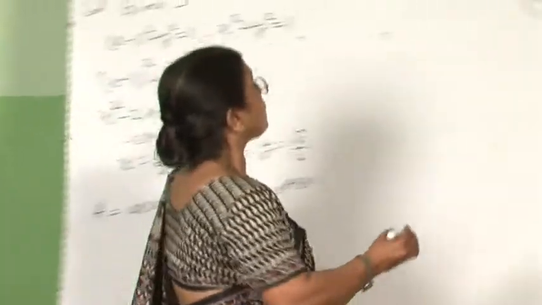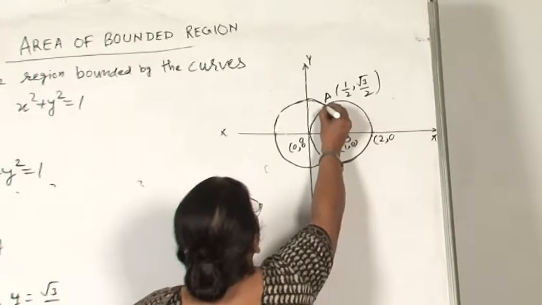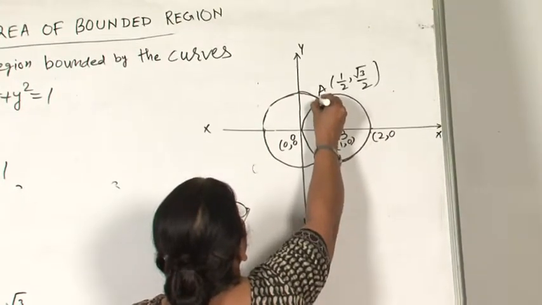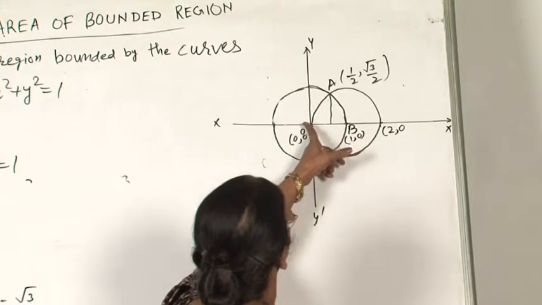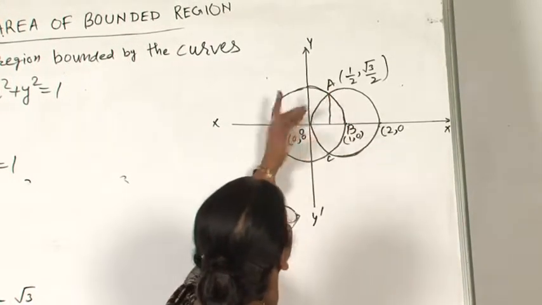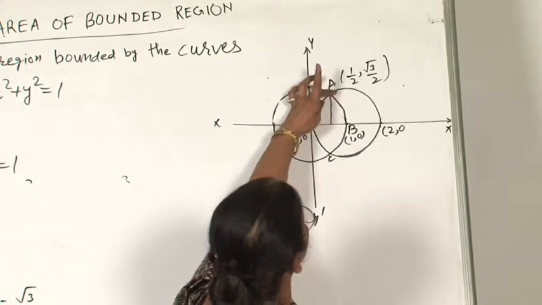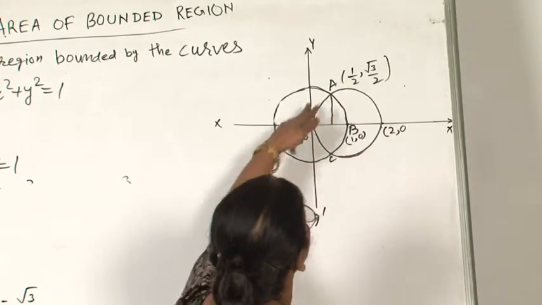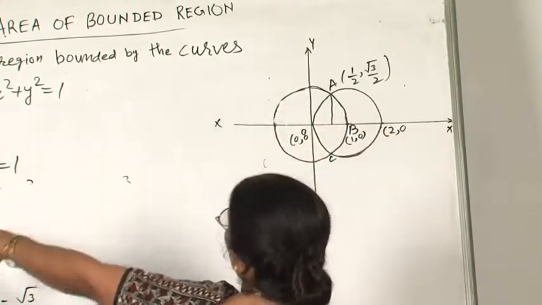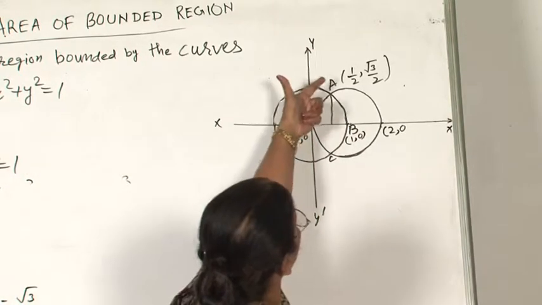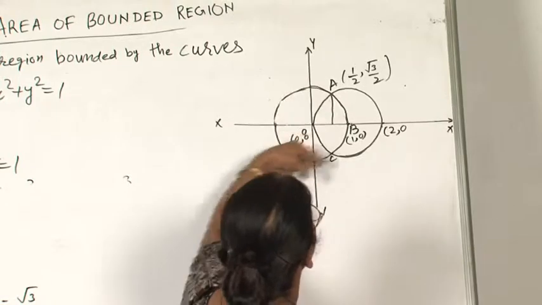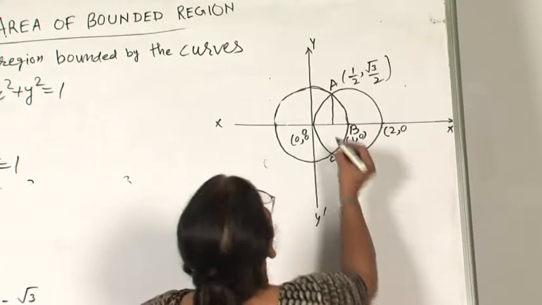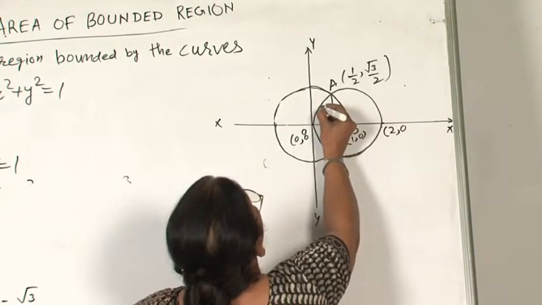Now, we will draw perpendicular from this to x-axis, because from O to A, we have to take the value of y from this circle, that is (x minus 1) square plus y square is equal to 1, and from A to B, we have to take the value from this circle, that is x square plus y square is equal to 1.